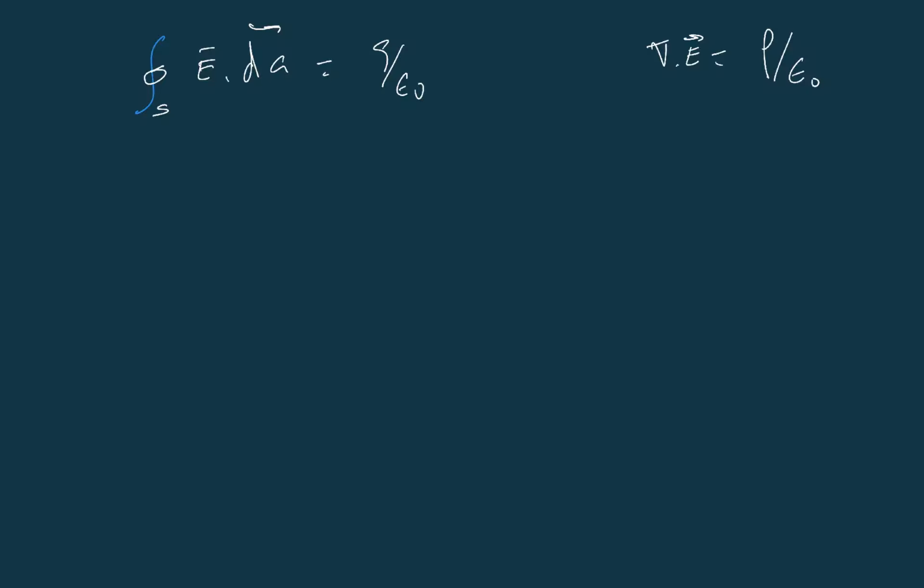And the other theorem that we have is that the integral over a closed surface S of B scalar dA is always 0. And this means that the divergence of B is equal to 0. So this is the first law, this is the second Maxwell law.